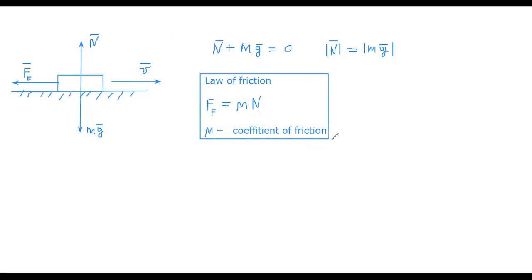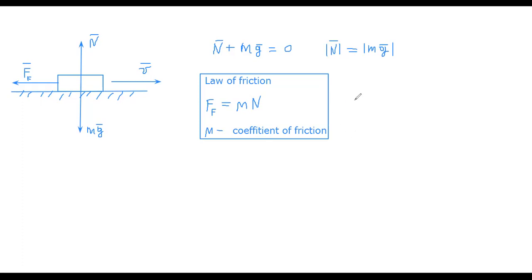There were some forces that we have learned: elastic force, gravity force, and a force of friction. We will use them in our practical exercises.